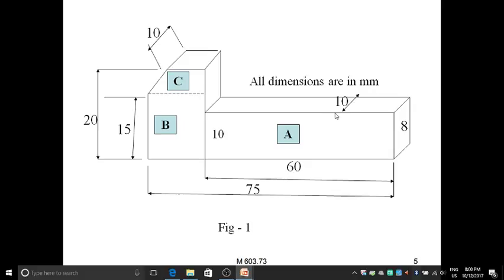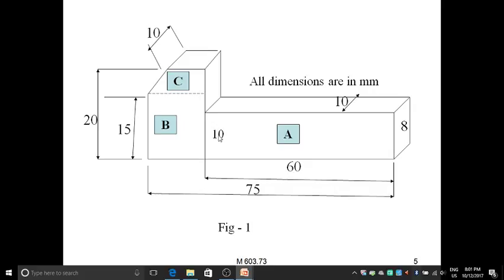Perpendicular to this the width is 10 mm, but here the height is 10, and here the height is 8. Similarly you see here the length is different, and this length is also different. For a trapezoidal cross section you have a formula to calculate the volume.